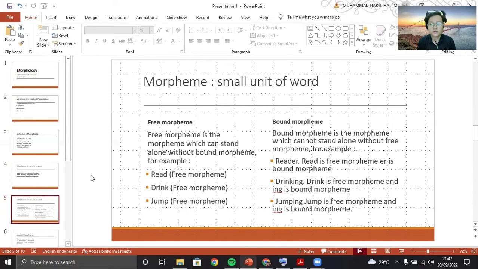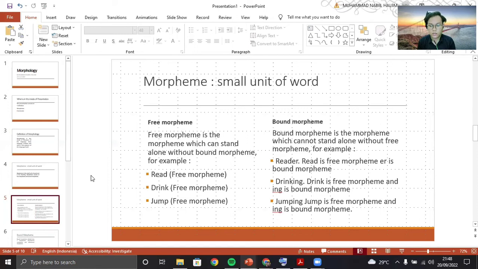A bound morpheme is a morpheme which cannot stand alone without a free morpheme. For example, reader. So read is the free morpheme and er is the bound morpheme. It creates a new meaning, and it changes the meaning and changes the word itself.